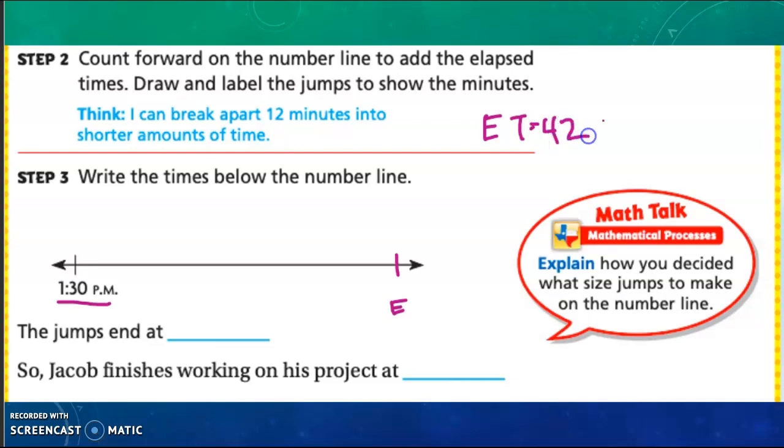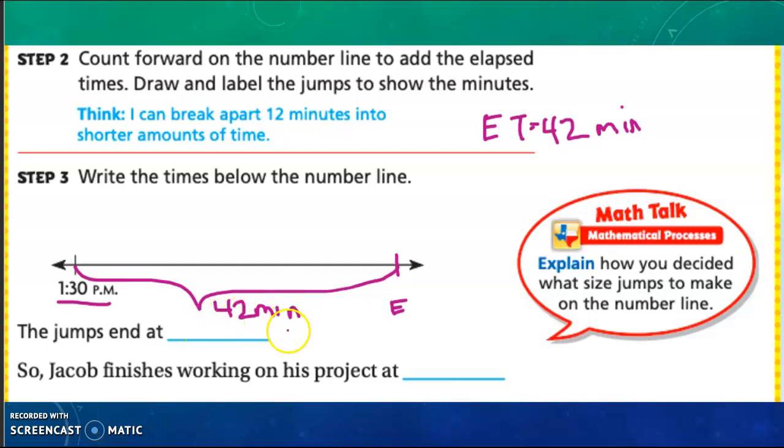Because again, remember, it took him 30 minutes to draw his model of the earth and then 12 minutes to label his earth. So I have a total of 42 minutes. So what that means is that from here all the way to here, it has to equal a total of 42 minutes.